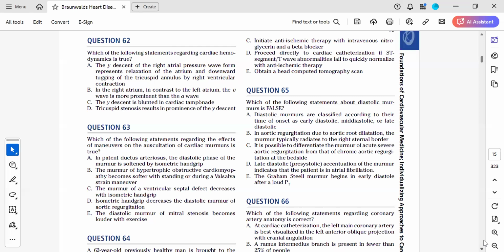Option D says tricuspid stenosis results in prominence of the Y descent.